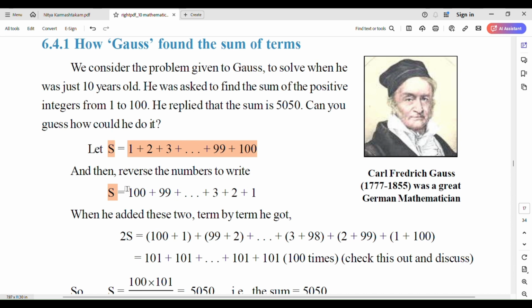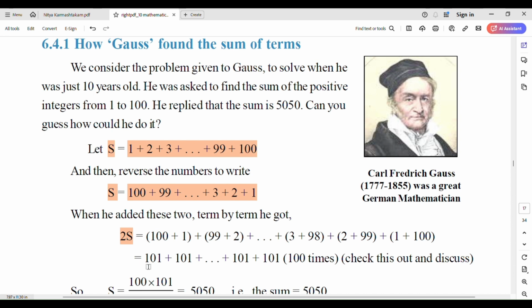Now you add these two equations. Let's consider this as equation 1 and this as equation 2. If you sum up all of this, on the LHS you will get 2S, S plus S. On the RHS each term is 101, correct? 100 plus 1, 99 plus 2, 98 plus 3, and so on, 3 plus 98, 2 plus 99, and 1 plus 100.